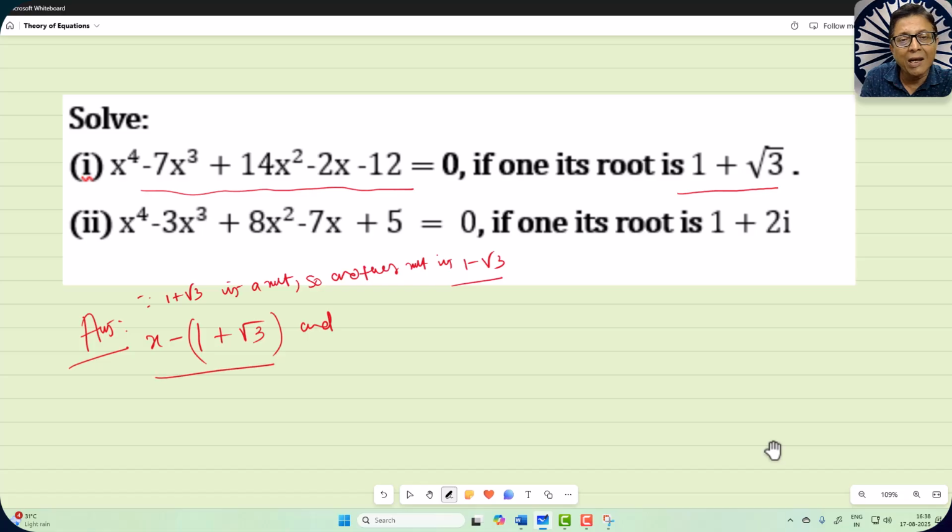So this one and this one are factors of x4 minus 7x cube.